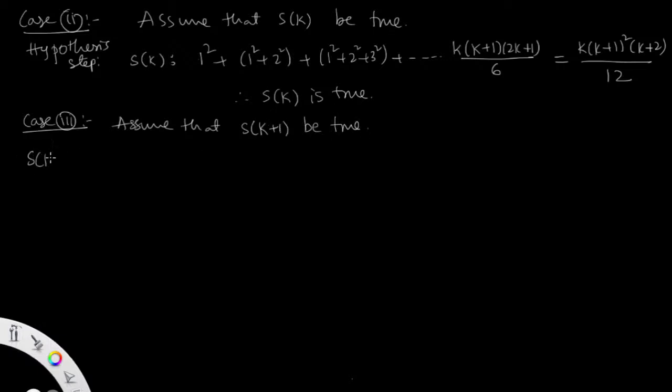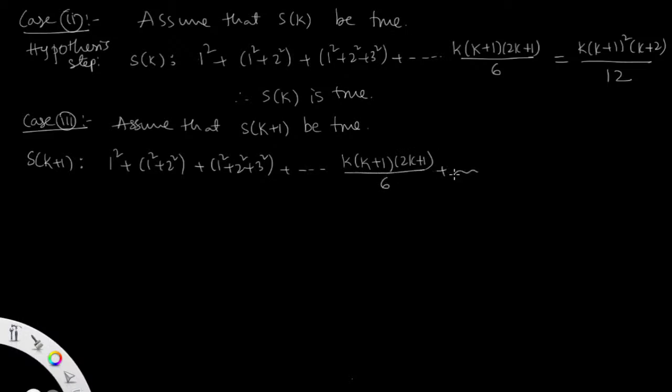That is S of k plus 1, which is equal to 1 square plus 2 square plus 3 square, going on till k terms, k into (k plus 1) into (2k plus 1) divided by 6, plus the adding term we don't know, that is the (k plus 1)th term, we have to find. And similarly this is k into (k plus 1) whole square into (k plus 2) divided by 12, and here also we can add the (k plus 1)th term.